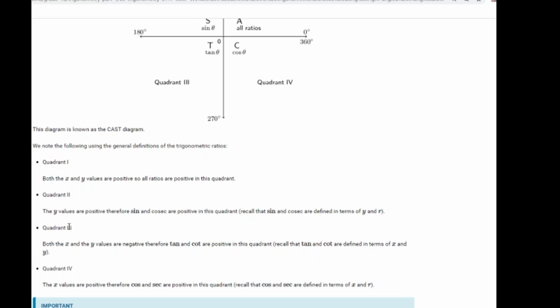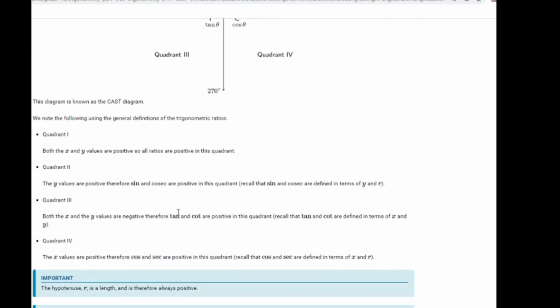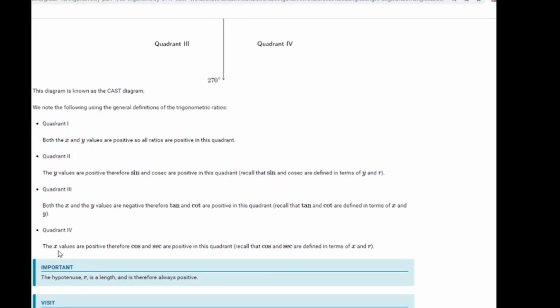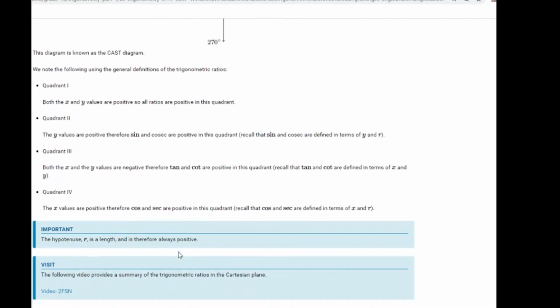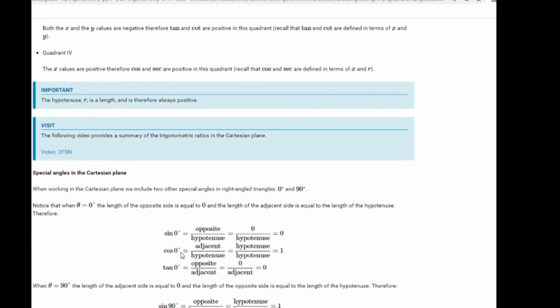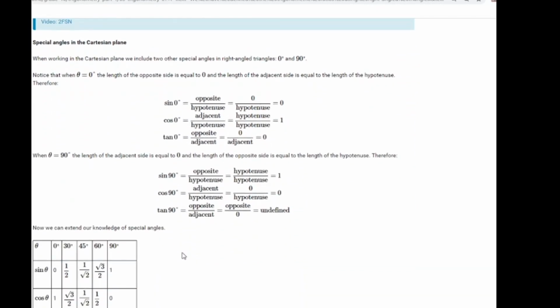In quadrant 3, both x and y values are negative, so only tan and cot are positive in this quadrant. In quadrant 4, x is positive, but y is negative, so only cos and its reciprocal are positive.